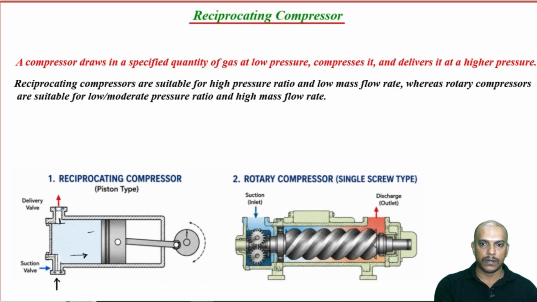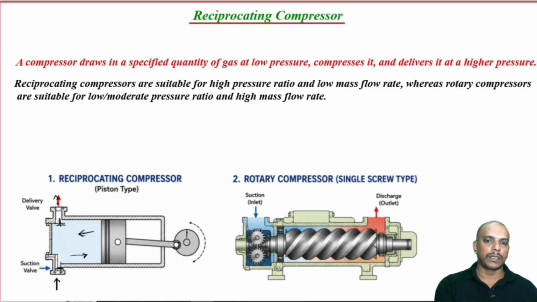And on the other hand, when the piston is coming from right to left, this suction valve will be closed, only the delivery valve will be opened. So, thereby we get the delivery here at relatively higher pressure, all right.